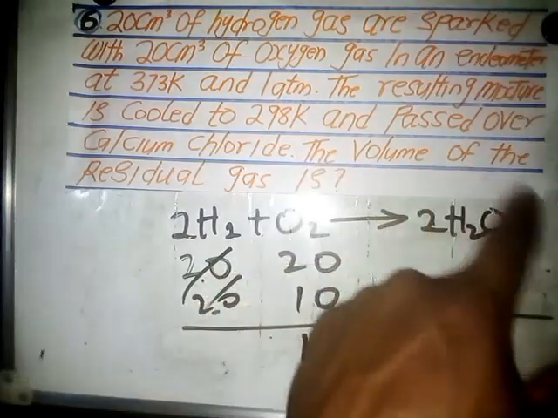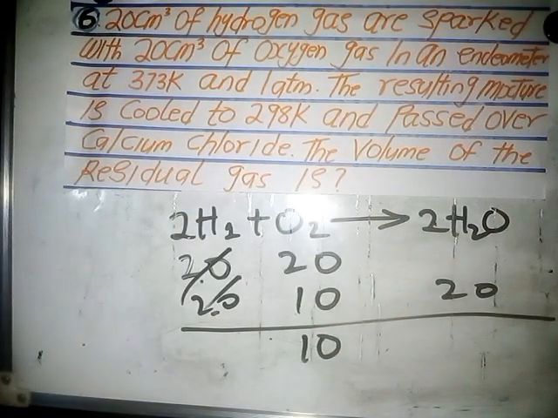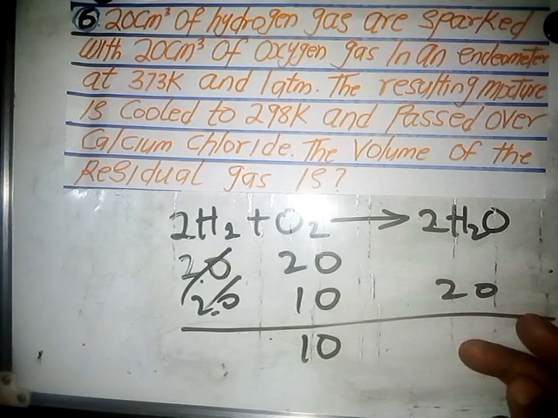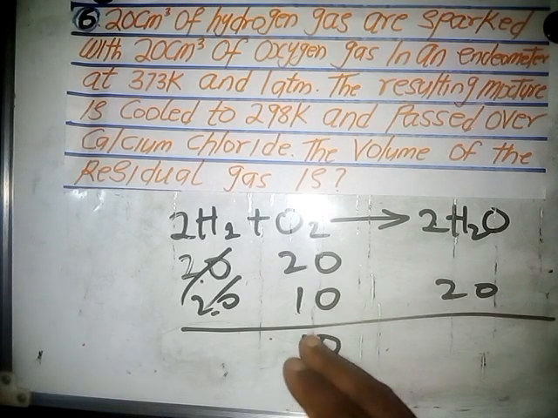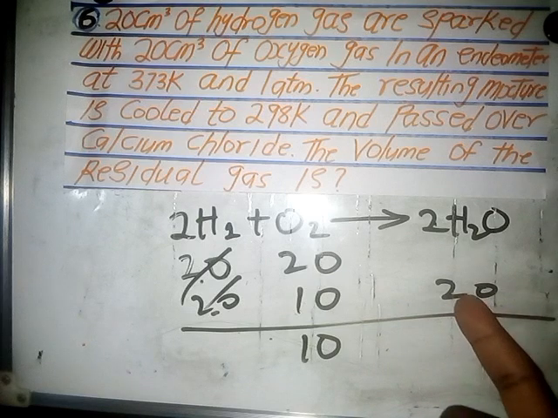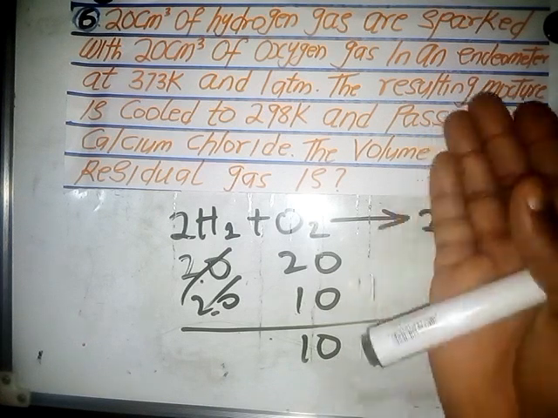They said the volume of the residual gas is... normally, I said the volume of the residual gas is the volume of the product plus the volume of the reactant that is in excess, or the unreacted gas, right? Normally you say 20 plus 10 to get your residual gas or the resulting mixture.